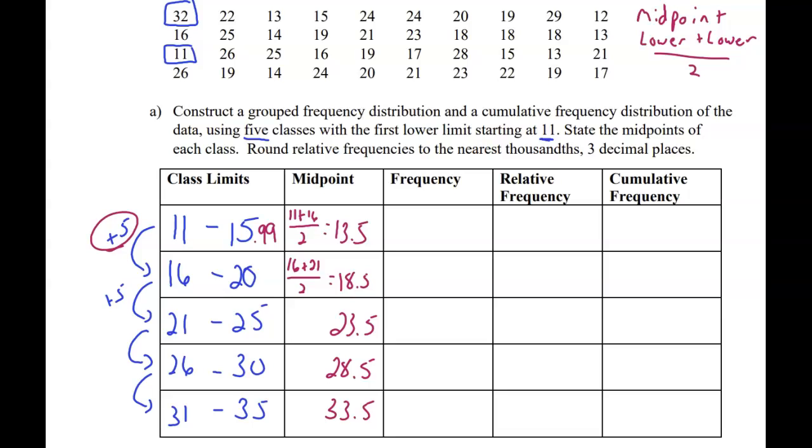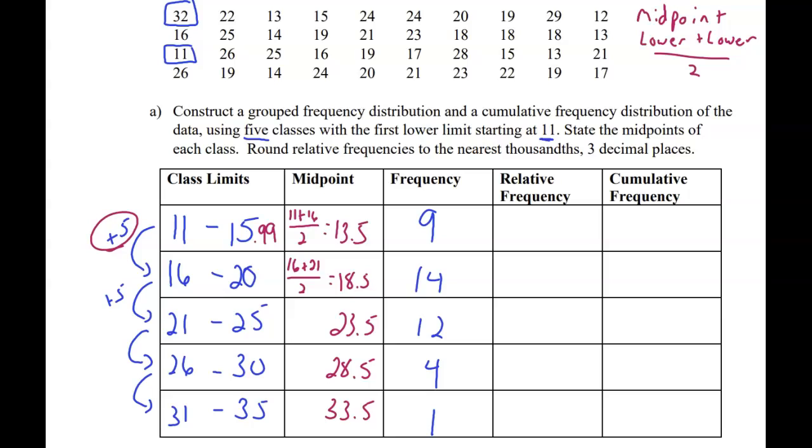So go ahead and pause the video. Now that you've come back, I hope that you got 9, 14, 12, 4, and 1. If you didn't, you might want to go back and double check yourself.